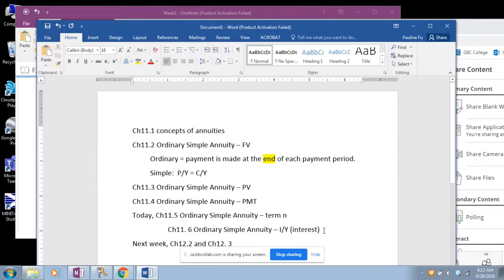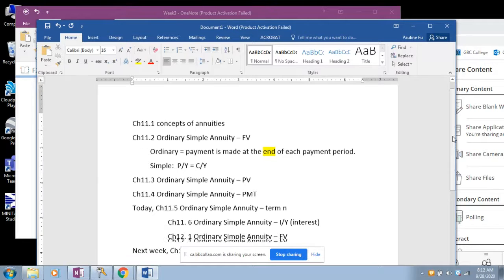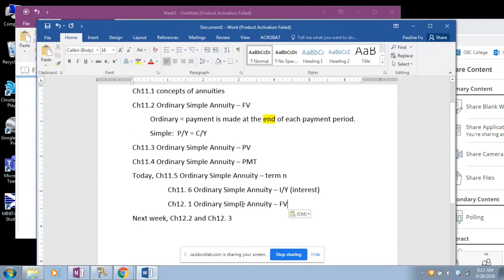Okay. So today we actually have 3 sections. We also do chapter 12.1, ordinary general annuities. So chapter 12 is about ordinary general. Okay. Calculate future value.